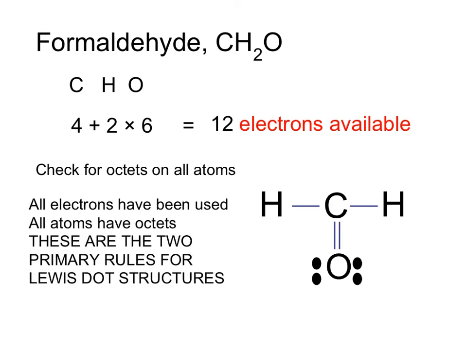So now every atom has an octet, and we've used all of our electrons. Remember that these are the 2 primary rules when you are forming Lewis structures. Use all electrons, and every atom receives an octet.